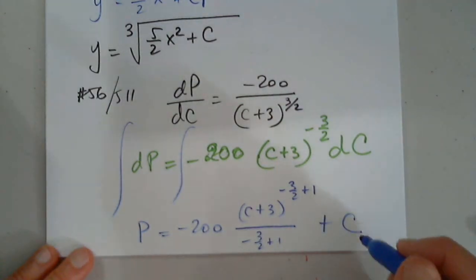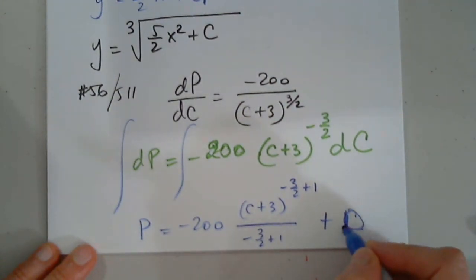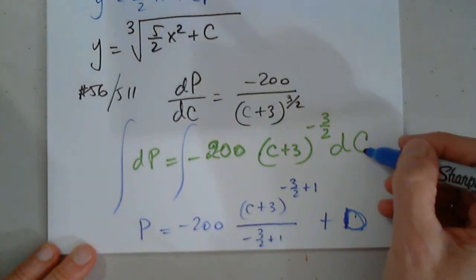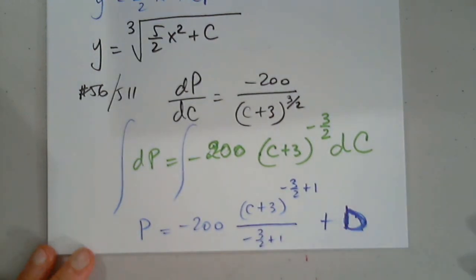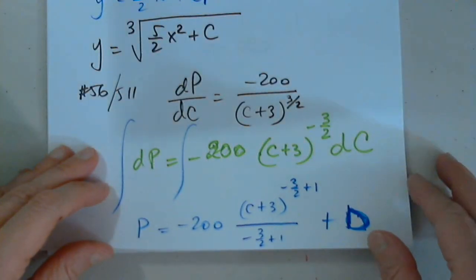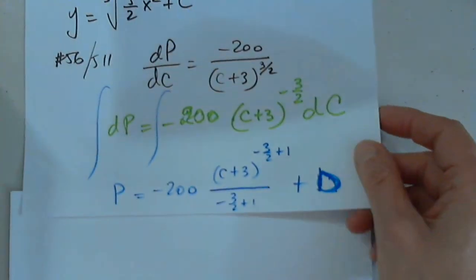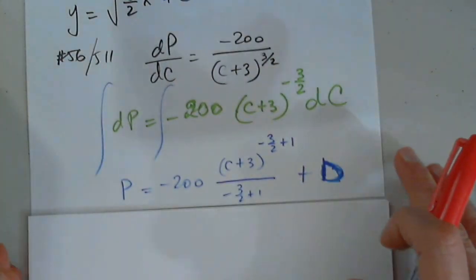Now, this is confusing. I'm going to use a D, constant D, because I don't want you to think that it's cost. So since we have C in the problem, I'm going to use D as a constant. Okay. Moving on.